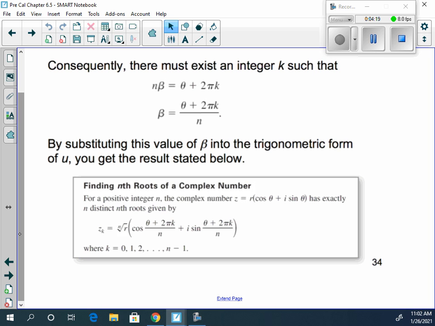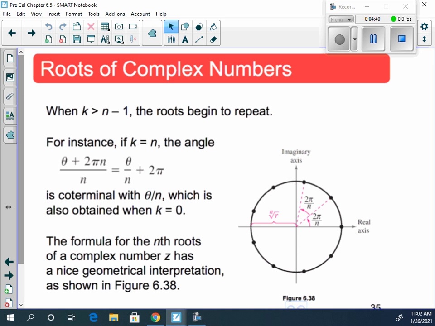So 3 minus 1 is 2, yes? So for values of k, I would have 0, 1, and 2. Well, 0, 1, 2 is how many? We still have 3, yes? And that's where we get n from. We have 3 roots. 4, 5, 6, it's the same. And that gives us some of these values here.